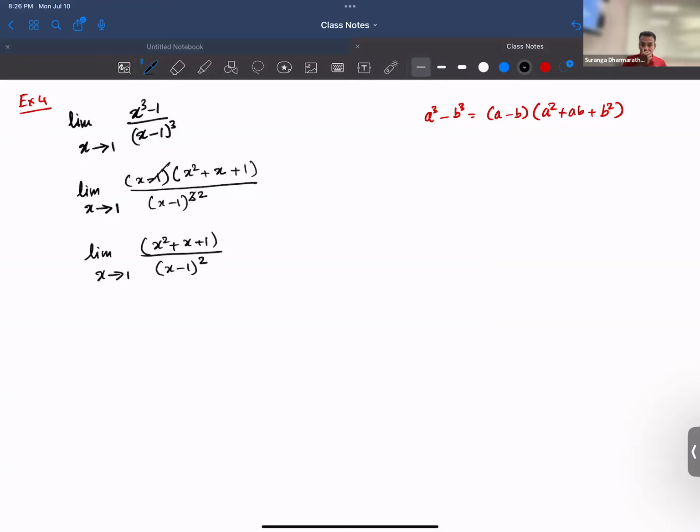Now, can we simplify beyond that point? Can we simplify it more?